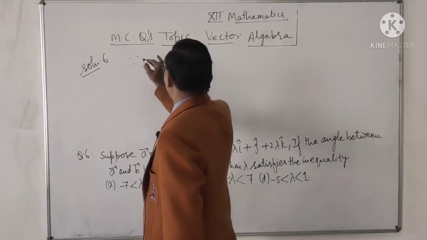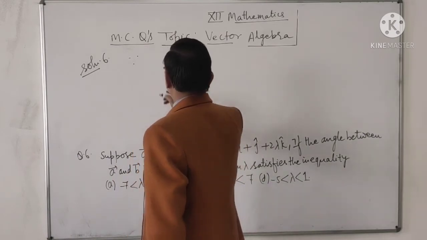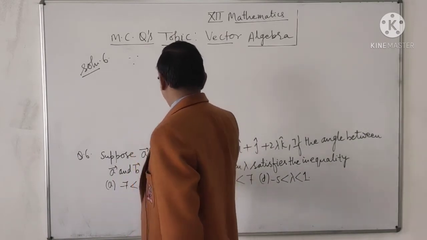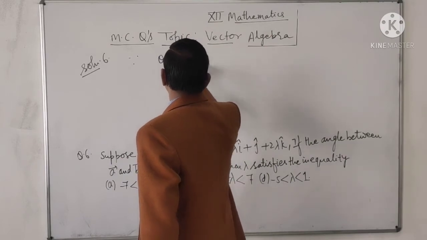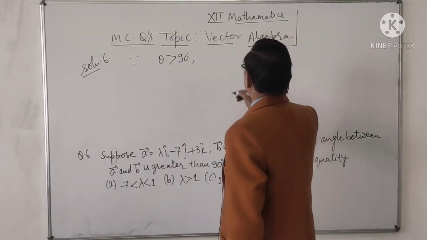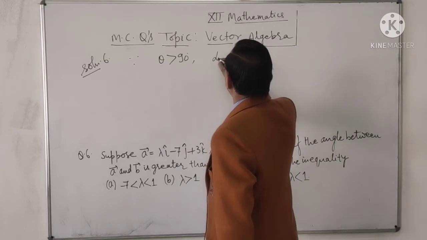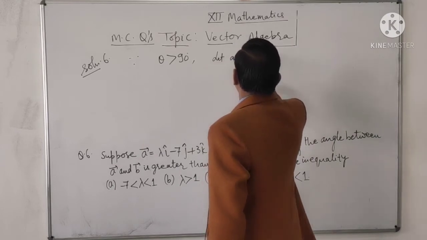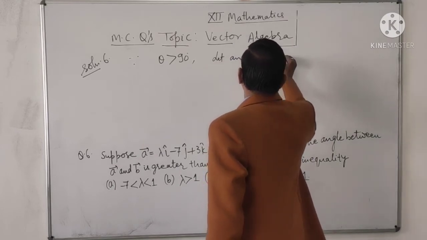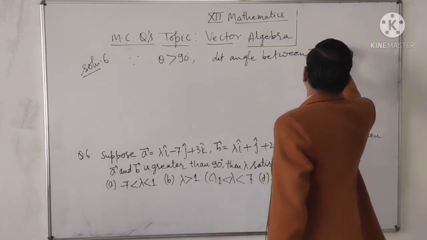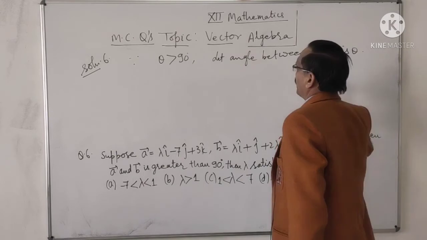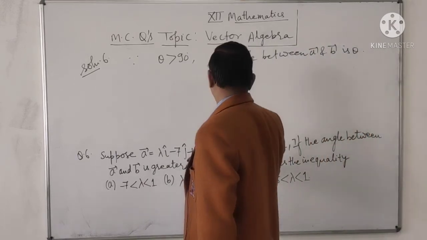Since angle between A and B is greater than 90, let the angle be theta. Angle between A vector and B vector is theta, and this theta is greater than 90.